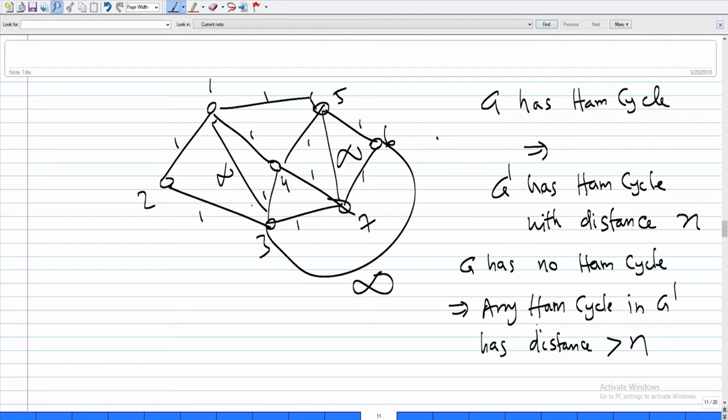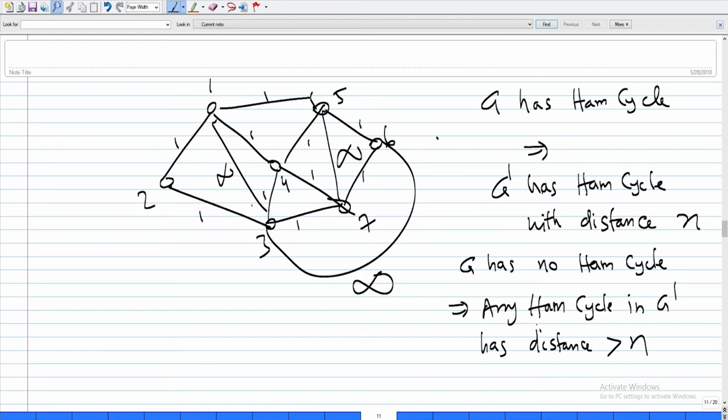So take those n edges. Can all the weights be 1? No, because G did not have a Hamiltonian cycle, and only for edges of the original graph I gave a weight of 1. If everybody has weight 1, that would correspond to a Hamiltonian cycle in G. Since G did not have a Hamiltonian cycle, it must use these infinity edges, so the total distance will be strictly more than n.